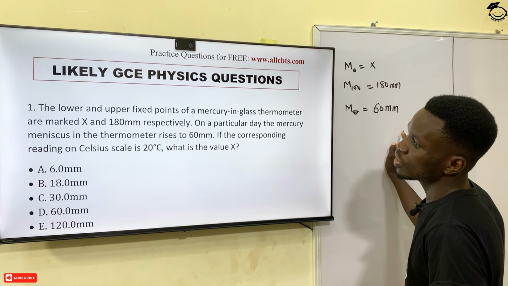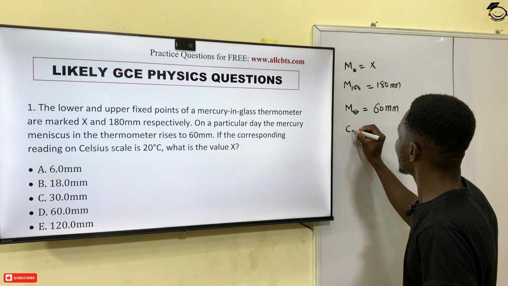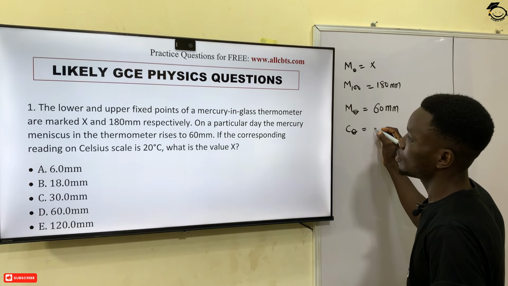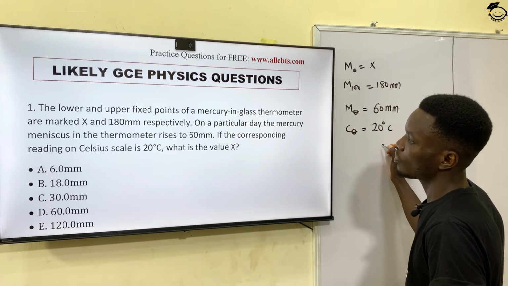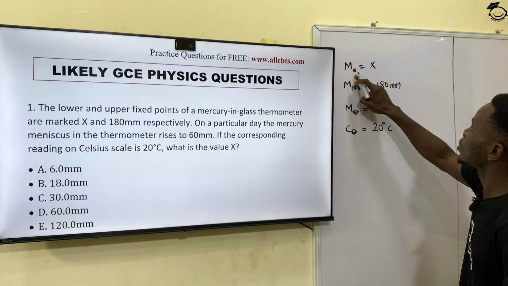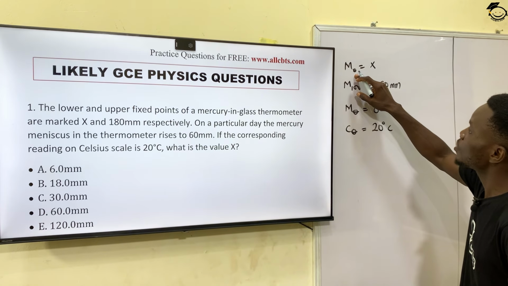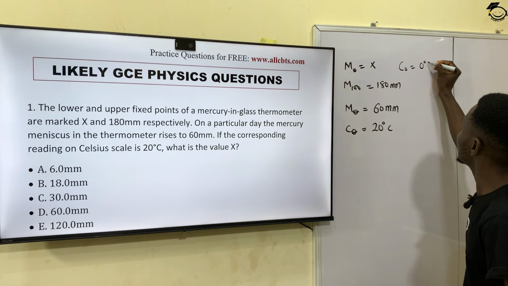If the corresponding reading on Celsius scale, so my C theta for this M theta, was given as 20 degrees Celsius, what is the value of X? Now we know that at M naught here, which is the lower fixed point, my C naught is 0 degrees Celsius.